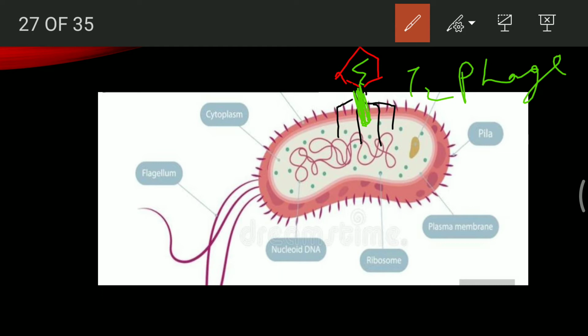What exactly happens is that this T2 phage goes and infects or invades the nucleus of the E. coli and instructs the nucleus to form copies of the T2 phage virus.